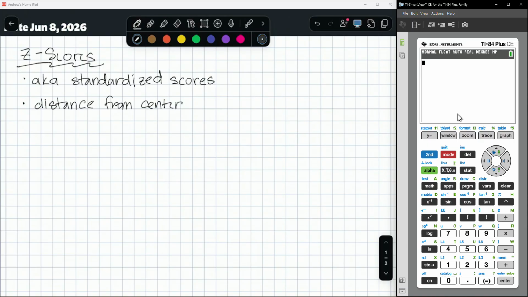And the formula for the z-score is: it is the data value that I want to find the z-score for, minus the mean, or the average of the distribution, divided by something called the standard deviation.